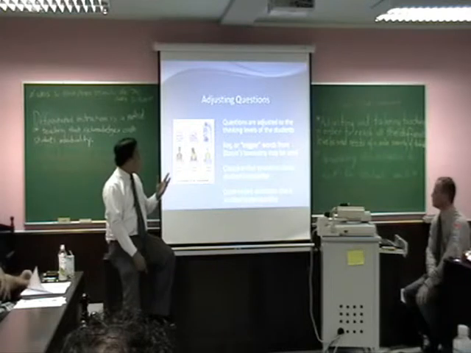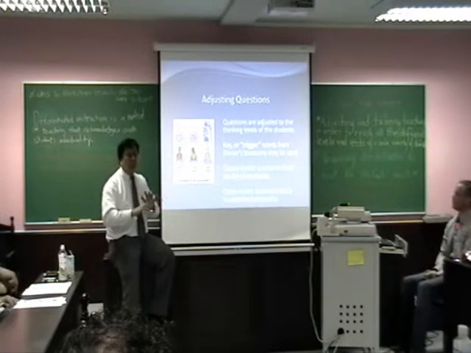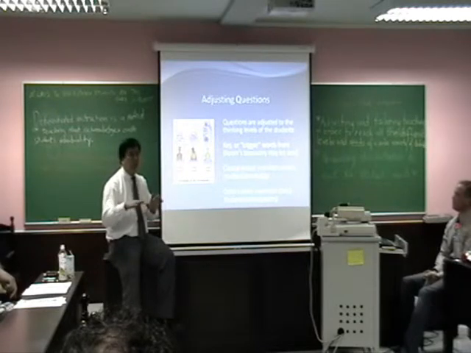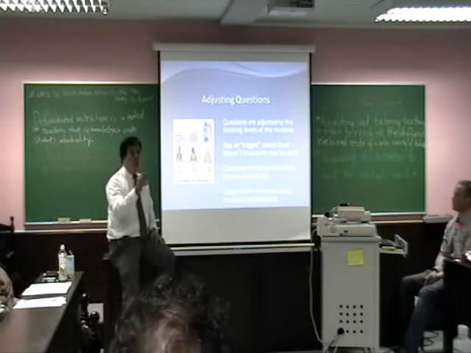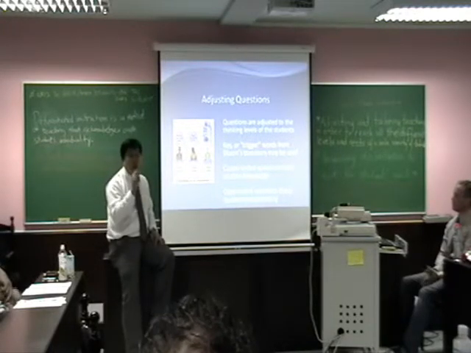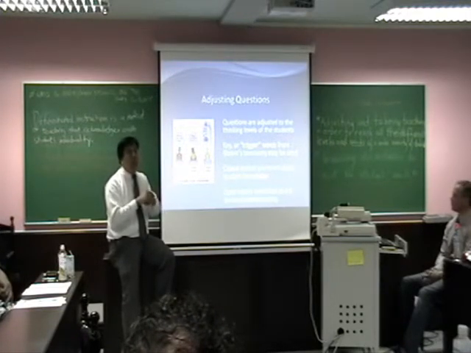So for adjusting questions, you may give easy questions to those who are below average students. But for those who are advanced learners, you can give them more difficult or more advanced questions. But the same thing, you're giving the same topic.